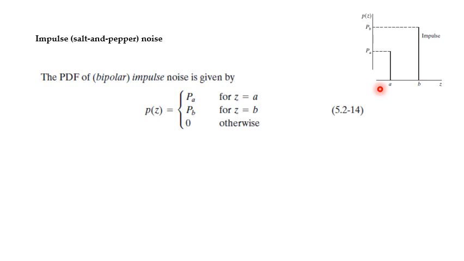What we usually deal with is the bipolar noise, and the common term used is salt and pepper noise. Also data dropout and spike noise are terms we use for the same impulse noise, the salt and pepper noise, the data dropout noise or the spike noise.